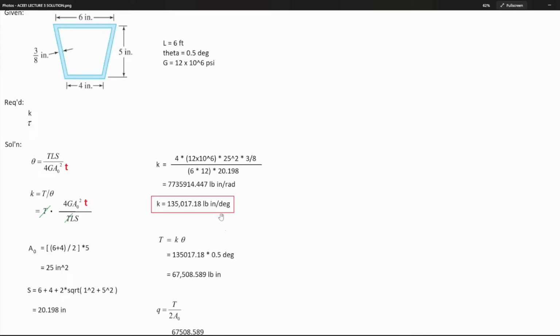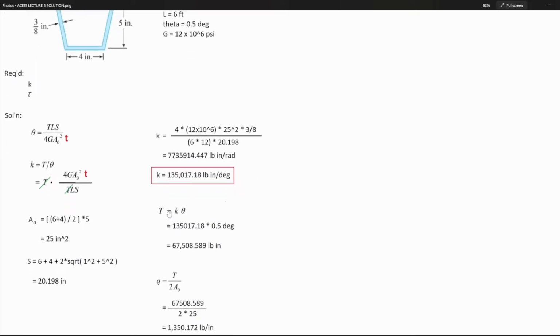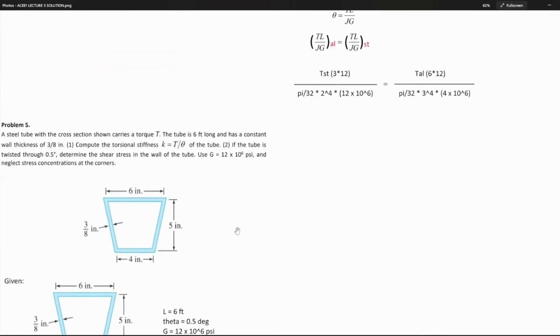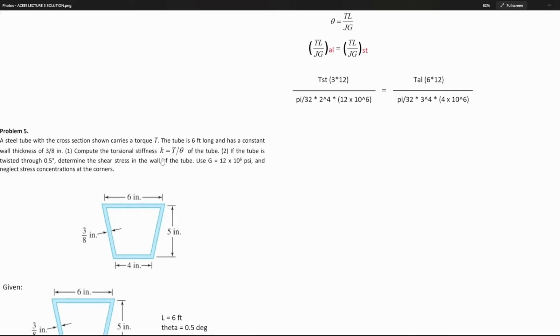Next, tau. Tau is the requirement. So, how? We don't have anything yet to solve for tau. Let's solve for the torque first. Like in the lecture, K is equal to torque over theta.